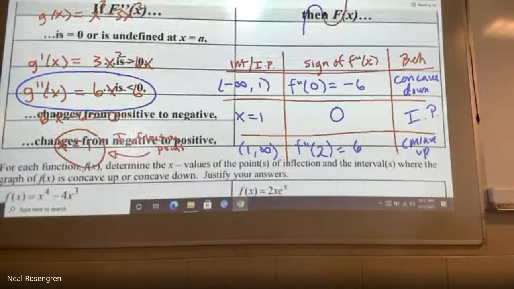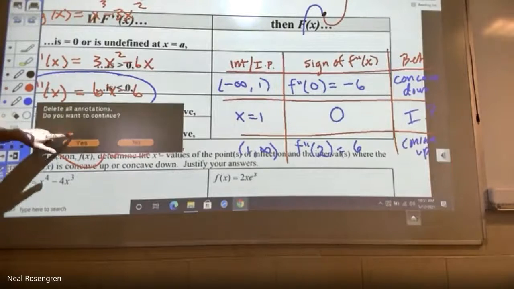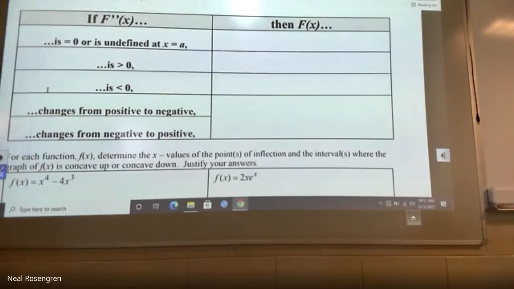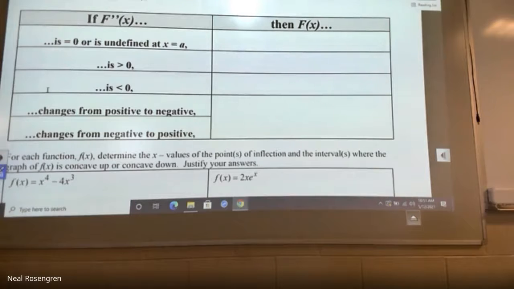Now, I think you're going to feel like this makes a whole lot of sense if you remember what the second derivative can tell us about concavity. So, what do you think? If the second derivative is 0, or it's undefined at some x equals a, what is happening right there at that point?